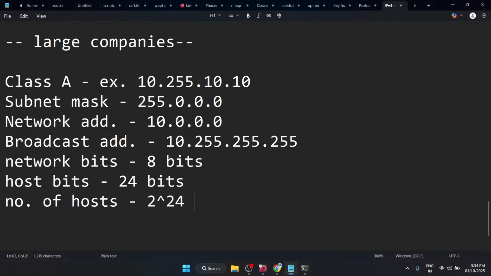It's going to be a lot, right? So here minus 2, it's going to be something like 16 million plus IP addresses. Now of course we cannot use 16 million IPs at once. Then who uses it? Your internet service provider uses it. Okay, I hope I'm making it clear for you guys. And if you got any questions, any doubts, just let me know.